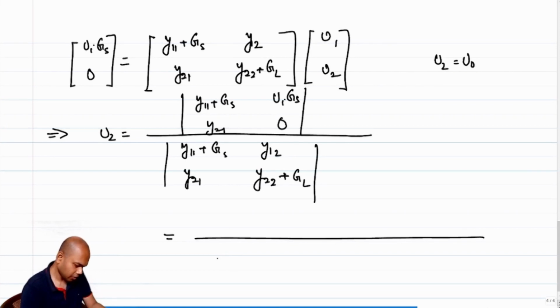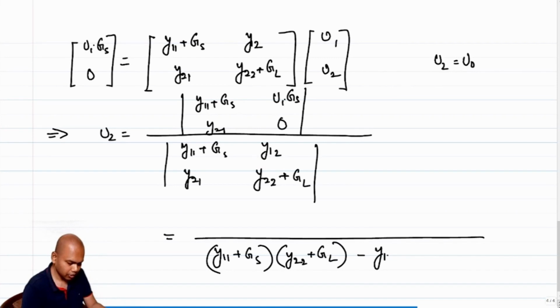I get (y11 plus Gs) times (y22 plus GL) minus y12 y21. And what do I get in the numerator? I get minus y21 Vi times Gs. So this is equal to V naught.